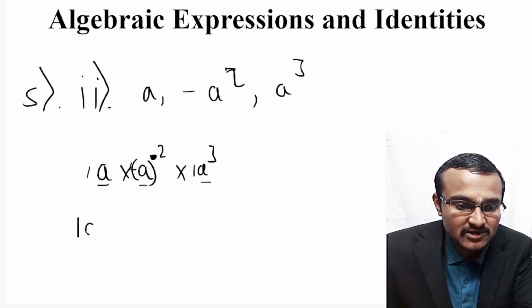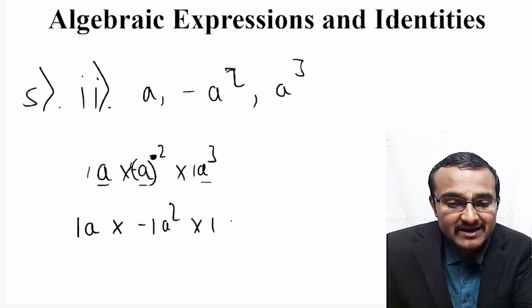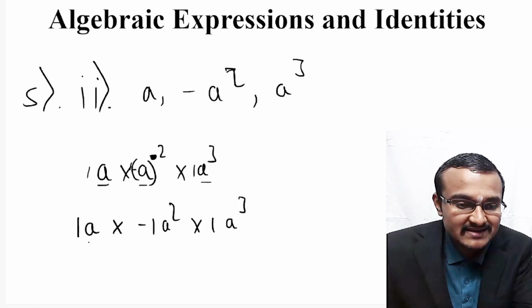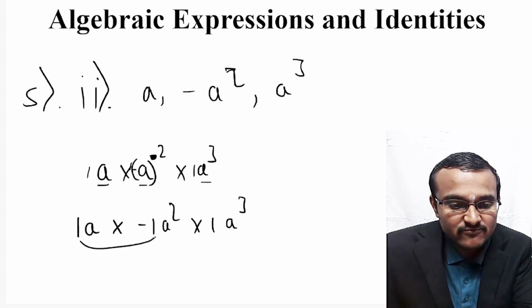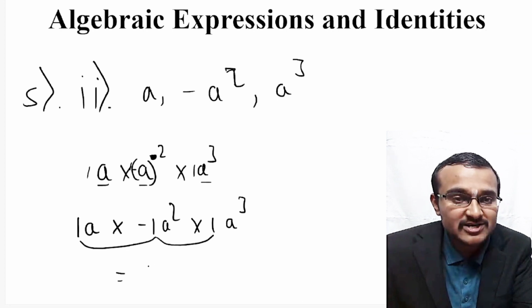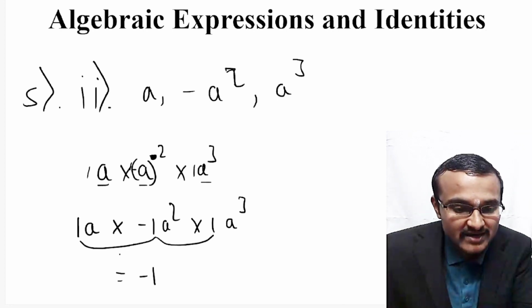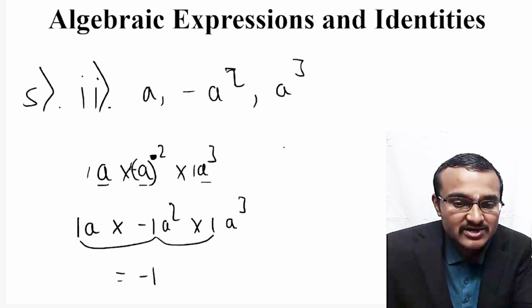So a means it is actually 1a. Minus a square means it is actually minus 1 a square. A cube is actually 1 a cube. You can take the coefficients common, like you can perform multiplication between 1 into minus 1 into 1. So what is 1 into minus 1 into 1? It will be minus 1, a into a square into a cube.